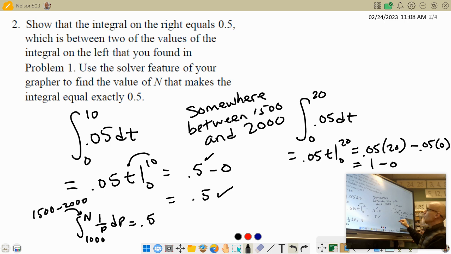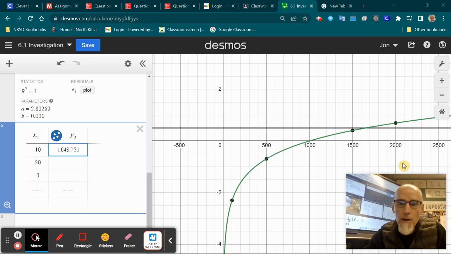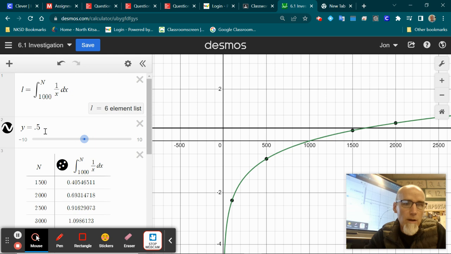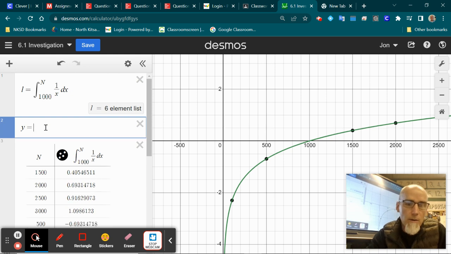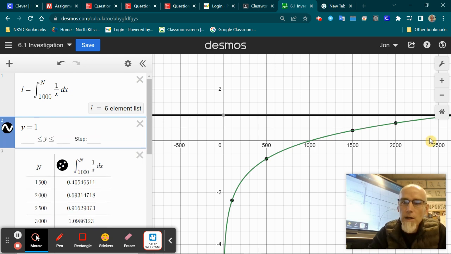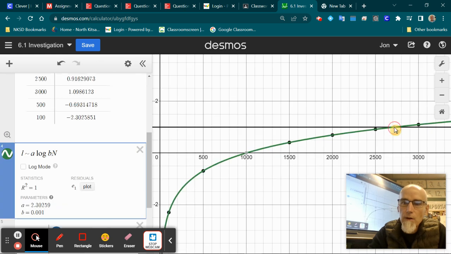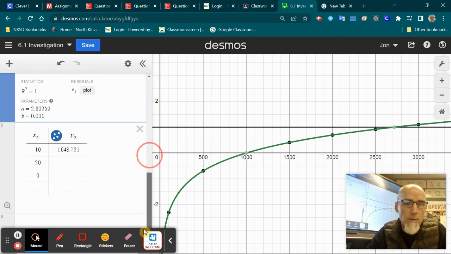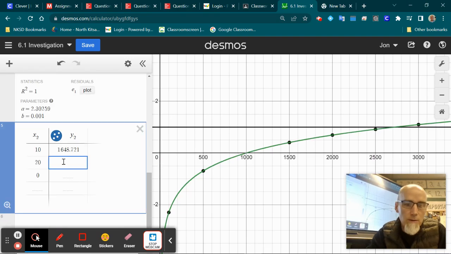So we've got 1, right? So now we come back over to our Desmos sketch and we change our horizontal line to be 1. So let's make that guy 1, and we find where it intersects on the graph. And that number is 2718. I've got to remember that number. I think it was 0.282.